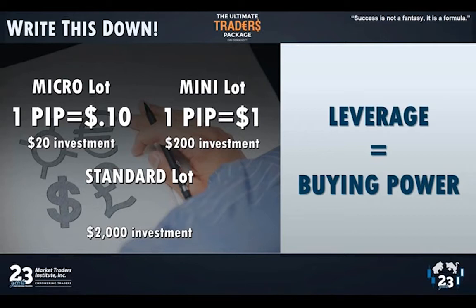Your broker holds on to the $2,000. You sell out of that 12 hours later. Now for every pip in a standard lot, you just made $10 per pip. So on your $2,000 investment, your return on that was $960 profit, okay?